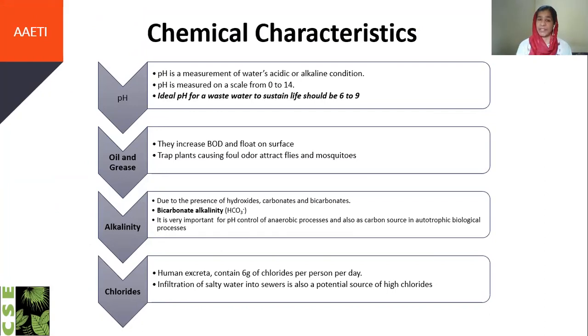Oil and grease, if present in the wastewater, increase the biological oxygen demand, which we will be talking about in the later slides. Alkalinity is due to the presence of hydroxides and carbonates in the wastewater, and it also comprises chlorides. If you're talking about domestic wastewater, it will have chloride in it.